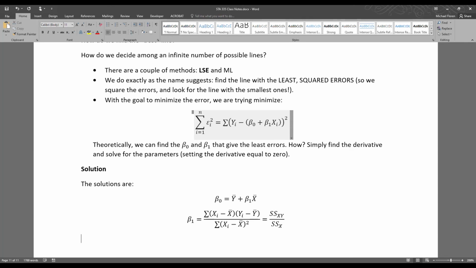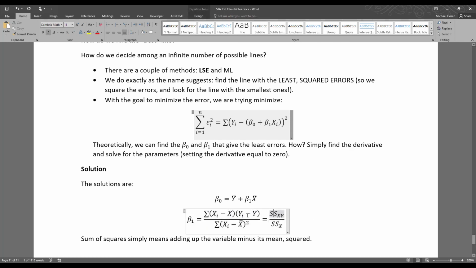When we're talking about sum of squares, this term simply means adding up the variable minus its mean squared, typically. Now note that this is the definition of the sum of squares of xy. This is the definition of the sum of squares of x.